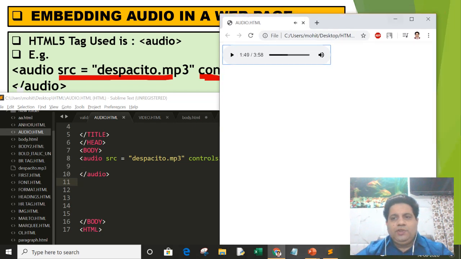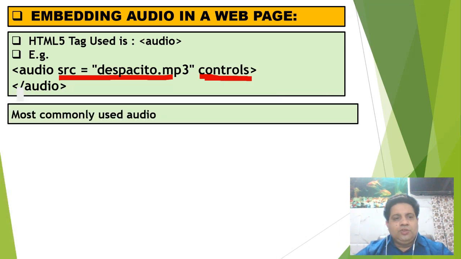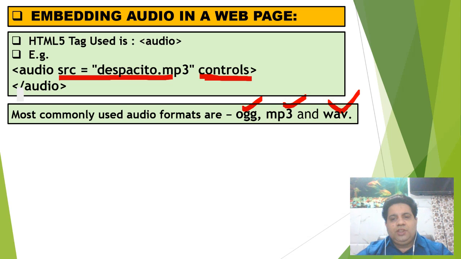Okay, so in this way you can insert audio and video in your web document. Most commonly used audio formats are OGG, MP3 and WAV files. You can play MP3 audios, WAV audios and OGG audios.